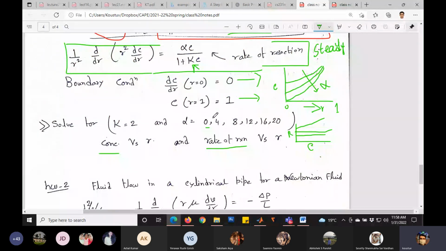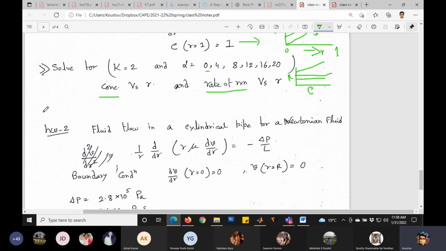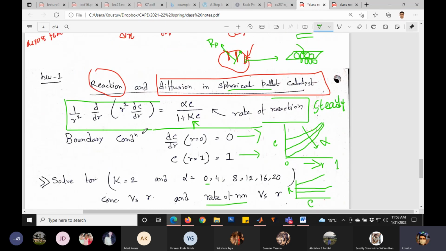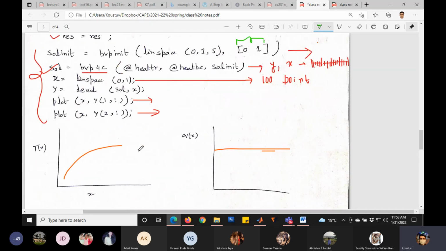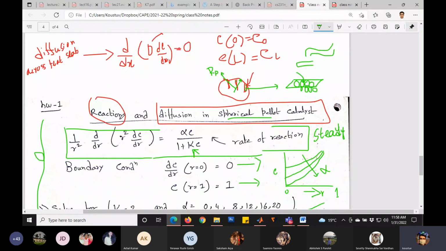First you solve for alpha equals 0 or alpha equals 4, and then you just repeat the run, repeat the calculations. You will get different values. This part I am not discussing now. This can be discussed later, but at least try this problem based on the example that we have shown in the class, the heat transfer across a slab. Based on that, you can try this reaction diffusion in a spherical catalyst pellet.